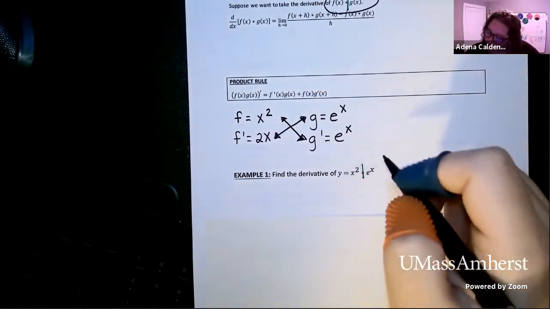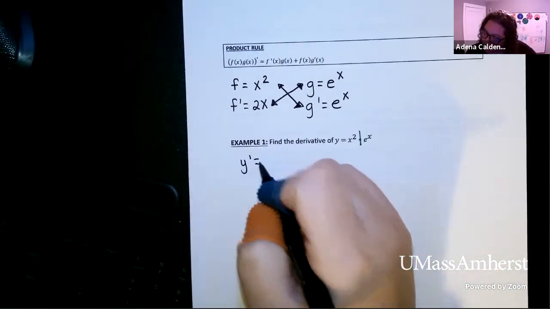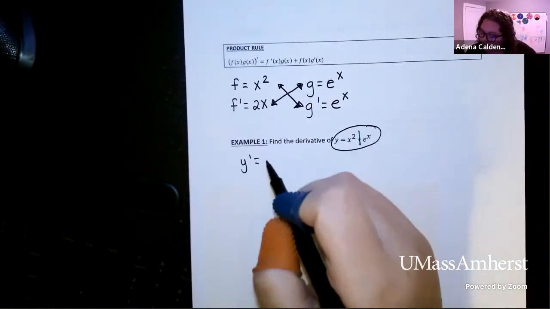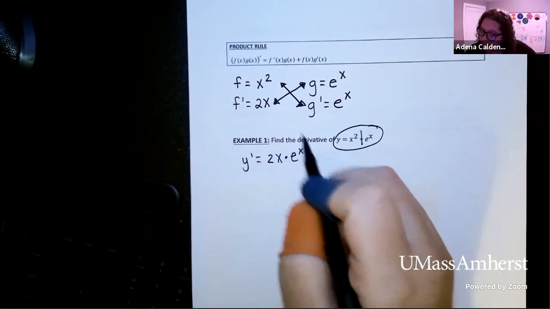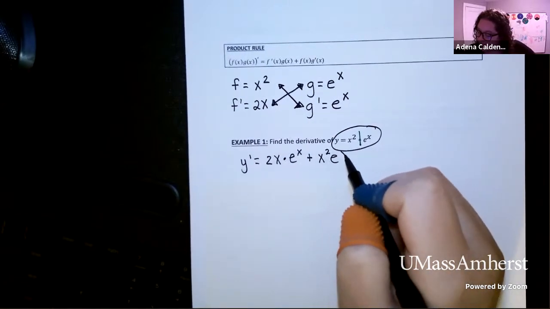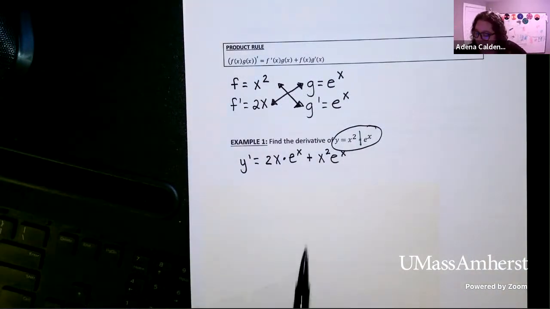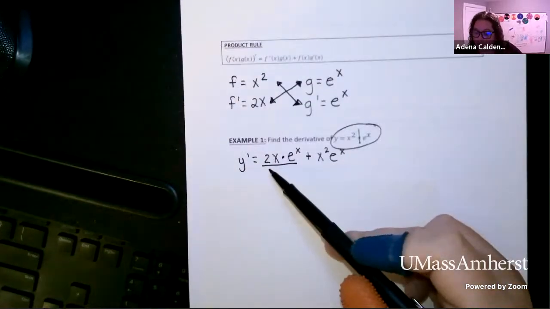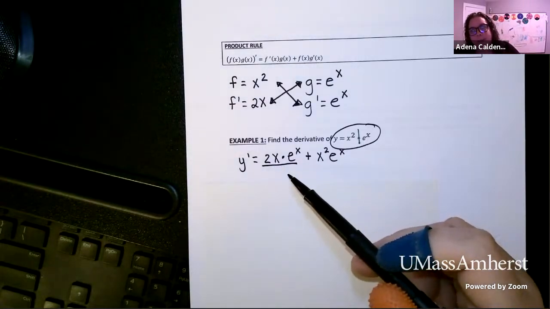Okay. So that means here, when I want to find my derivative of this entire function, I'm going to do 2x times e to the x plus, and I'm going to multiply this way, x squared times e to the x. Okay, and the convention when you're multiplying things together is that you write the constant in front and then your terms in order of increasing difficulty.